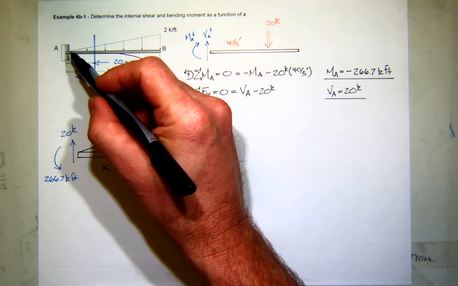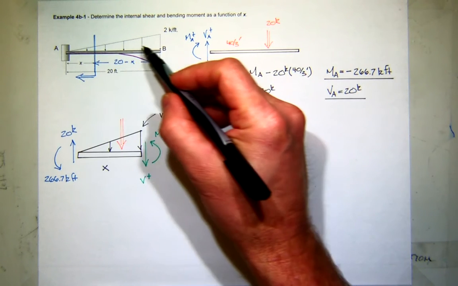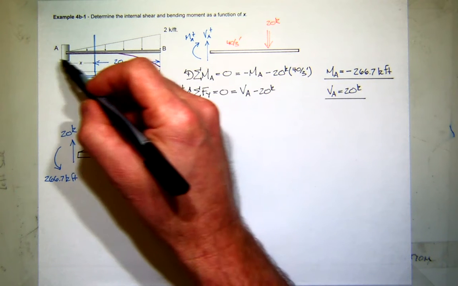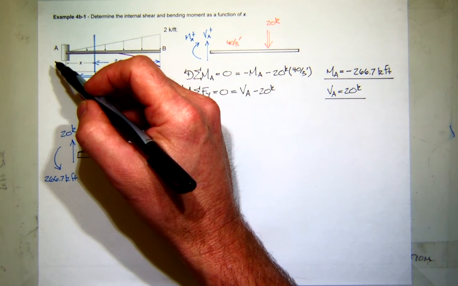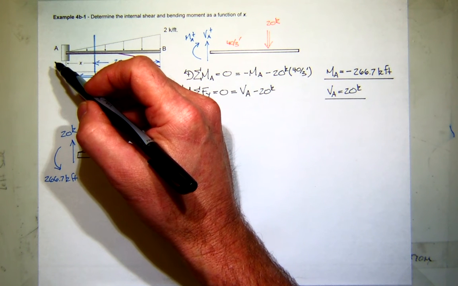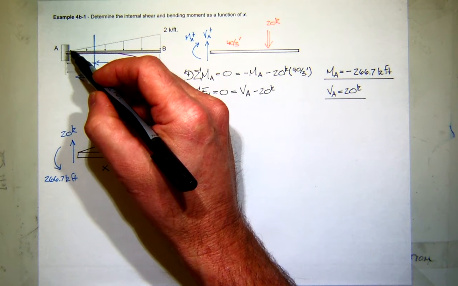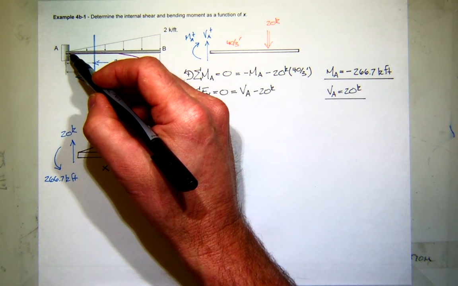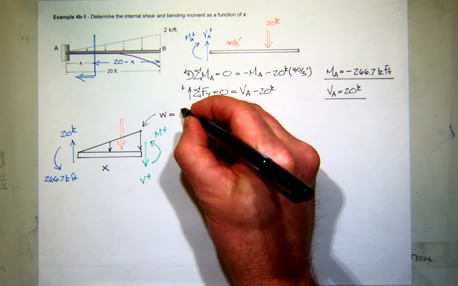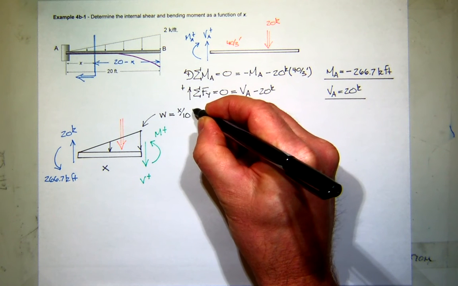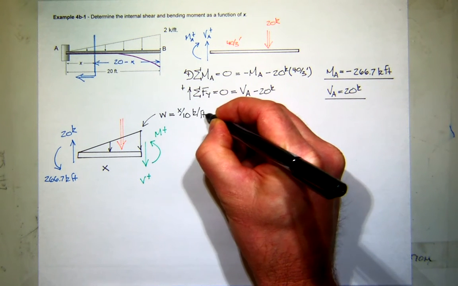So go back to the original diagram, you'll see what's the slope of this line. Well, rise 2 over run 20, that's a slope of 1/10. And you'll notice that starting here at x equals 0, it has no value. So the function should be x over 10. And that will have units of kips per foot.